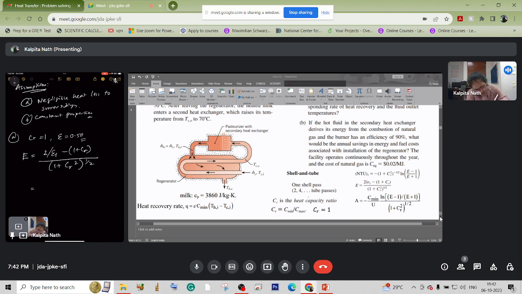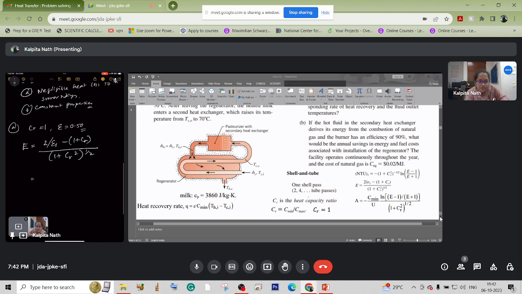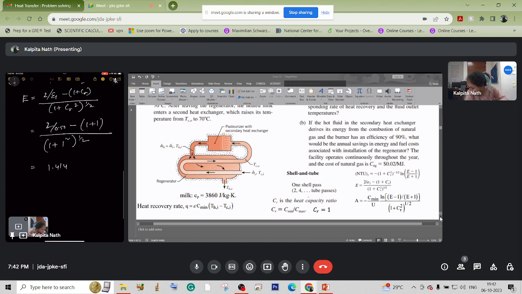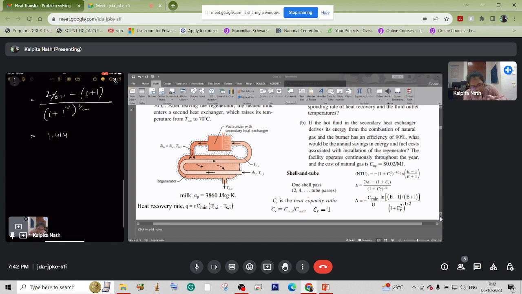So epsilon is 0.50. So 2 upon 0.50 minus 1 plus 1, 1 plus 1 square, whole to the power half. Sorry. So this will come out to be 1.414. I've pre-calculated it already.